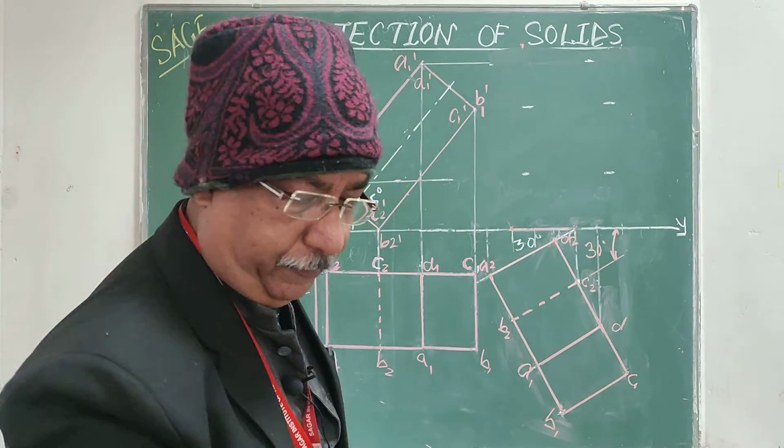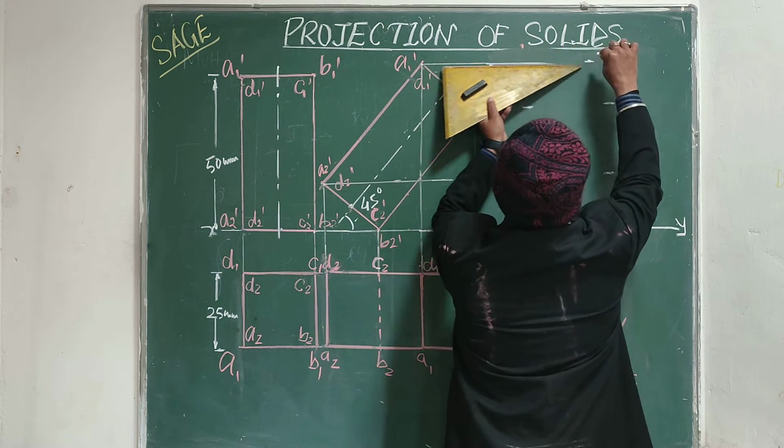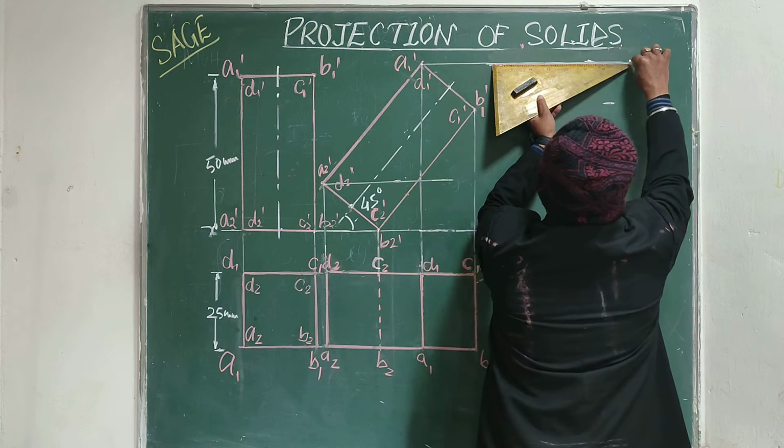So in the front view I will draw initially the locus lines. So I will draw the locus line for all the 4 points, all the 8 points.